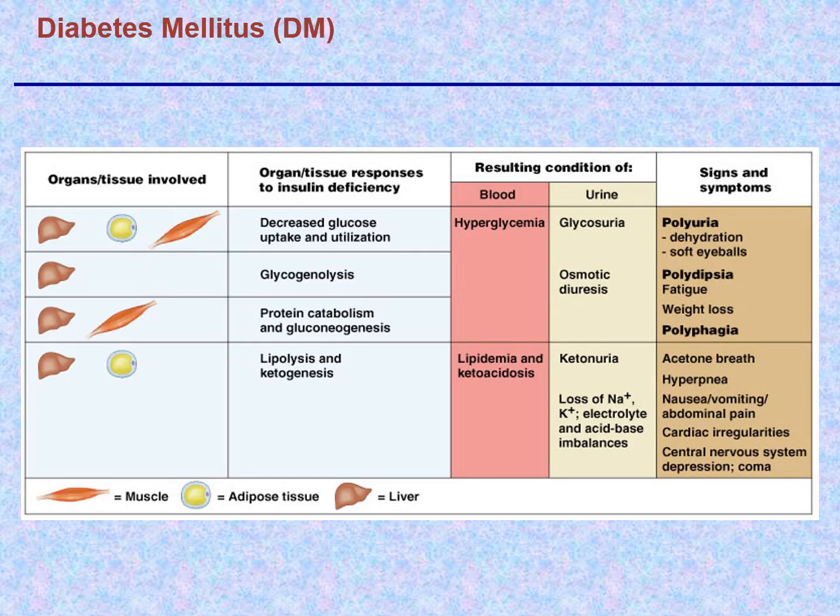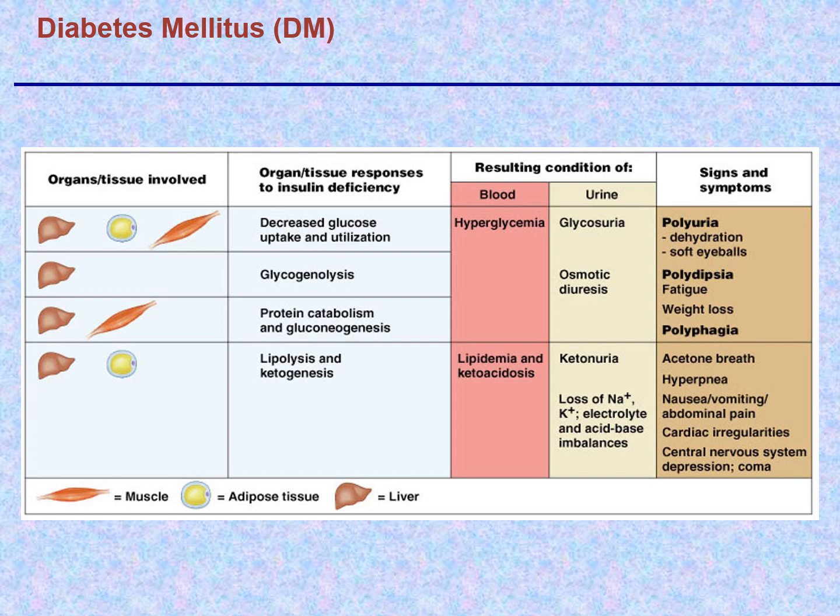Okay, so just to review what happens in diabetes mellitus, you have a decrease because of either low insulin levels, which by the way is type 1 diabetes, or inadequate receptor levels, which is type 2 diabetes.